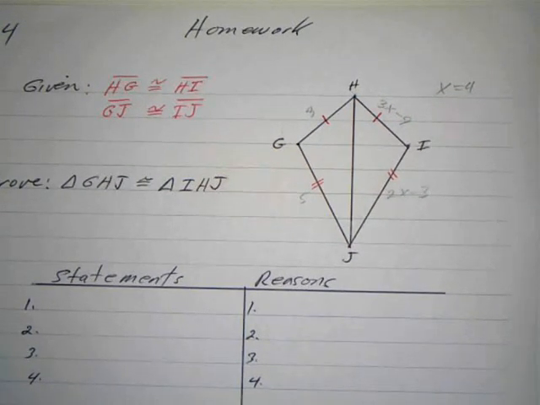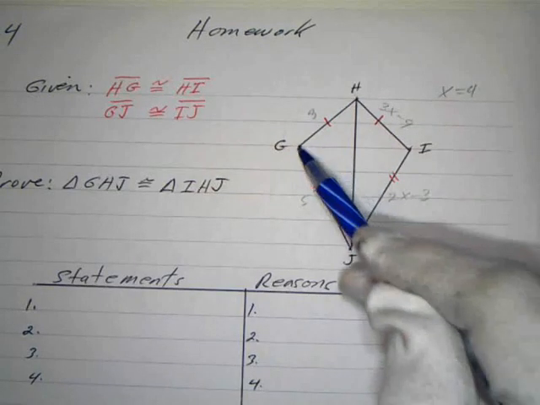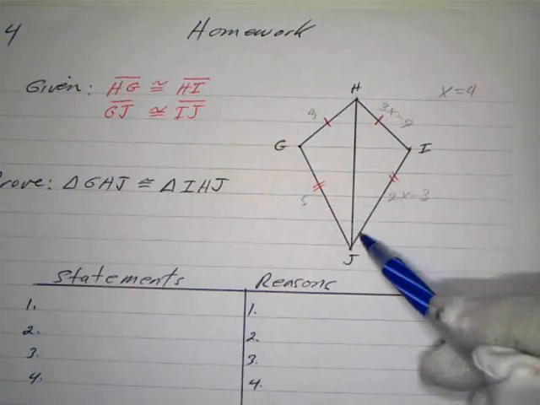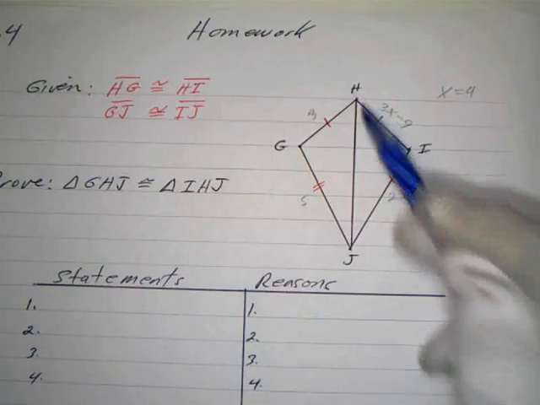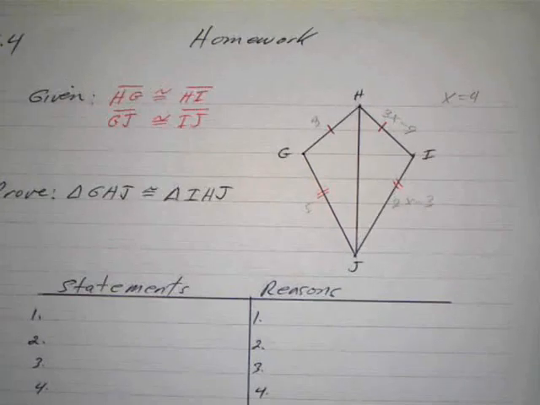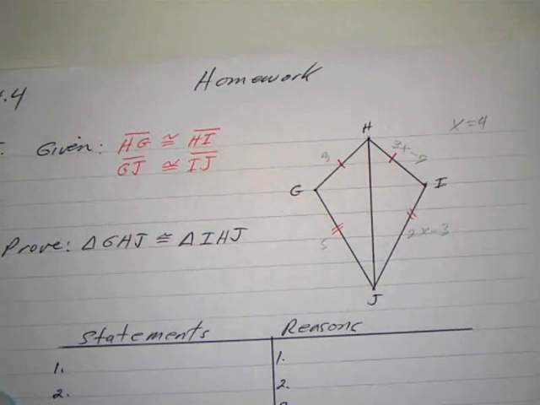Okay. And then we'll just put this into our proof, and we want to prove that these two triangles, and always have to watch out for the correspondence, GHJ is congruent to IHJ. Okay? So again, my statements, I'm going to use my two givens.